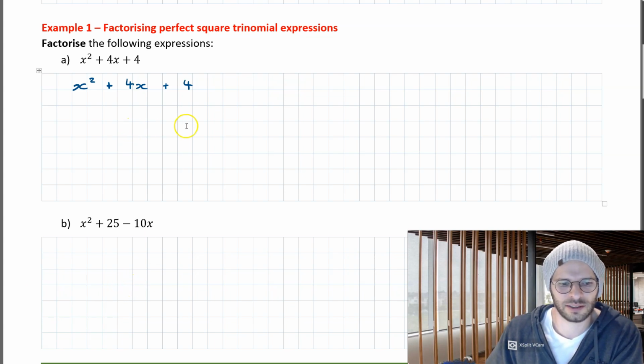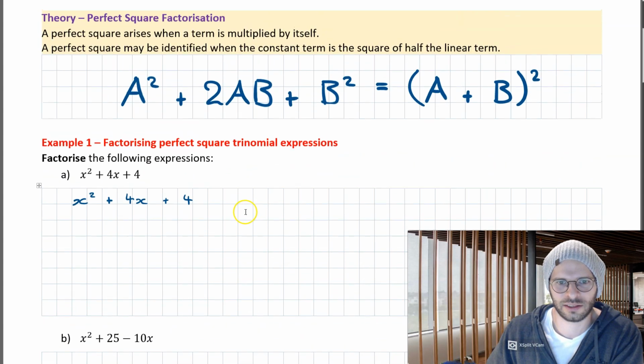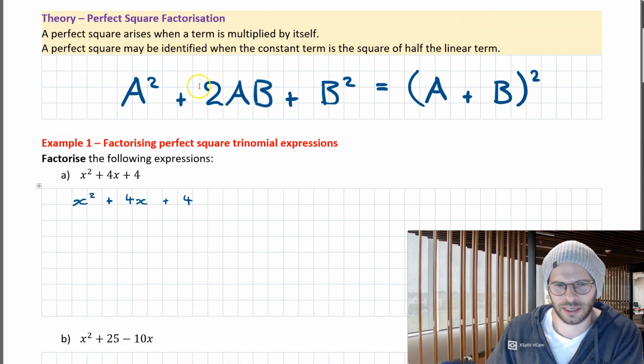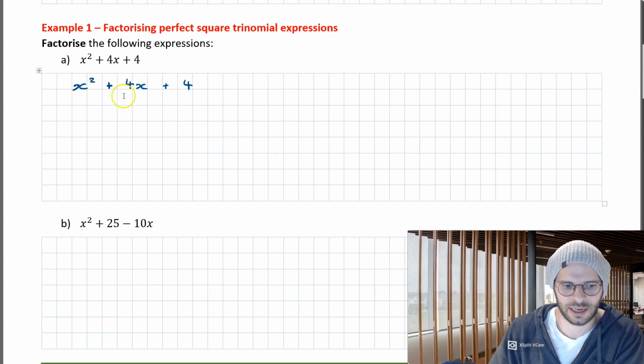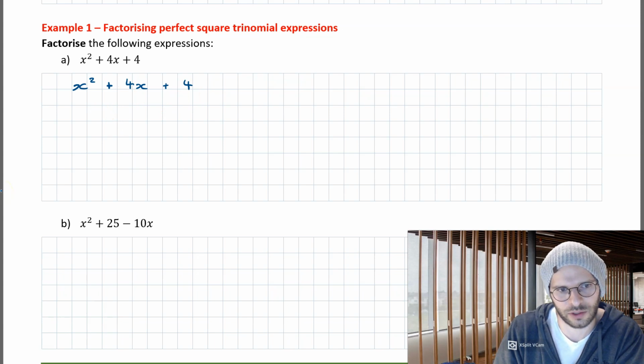Now, to understand whether this is perfect or not, what I need to look at is this expansion form over here. In the expression on the right, you've got a plus b, but in the expanded form, the first term is always a square, and the constant is always a square number as well. So firstly I want to take the square root of each and rewrite it as the square of a square root.